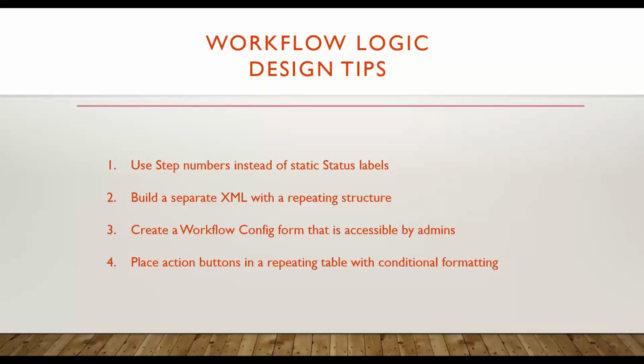For example, you can go with current step is less than 3, then hide these buttons, hide these sections. You've got to use the less than there because you're dealing with a number. Instead of doing something like status equals submitted, then do this. If status equals approved, then do that. Later on, when you decide to change that status label's name, you're going to end up with a little trouble looking for things everywhere, right?